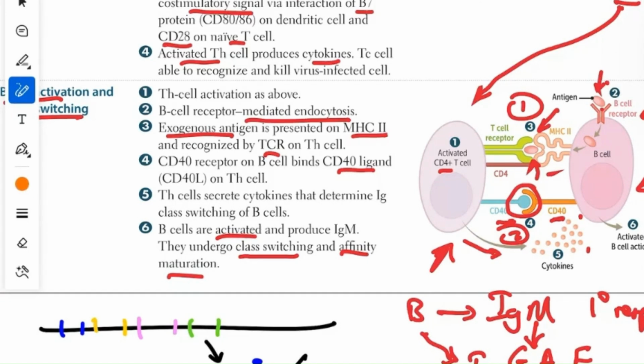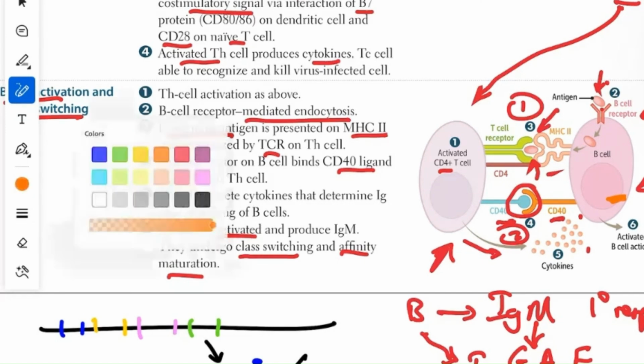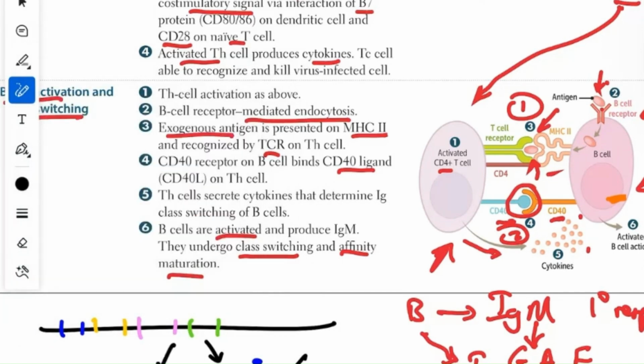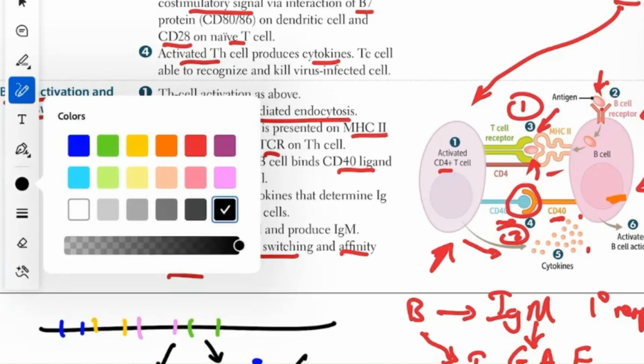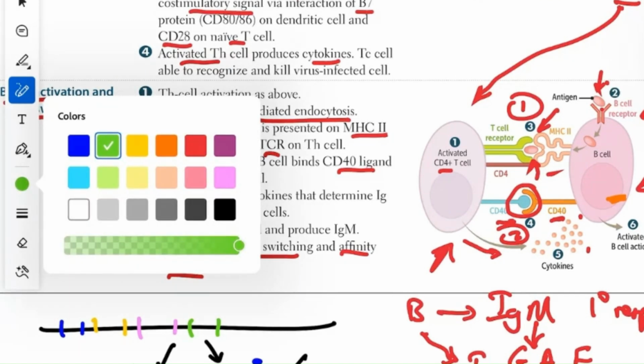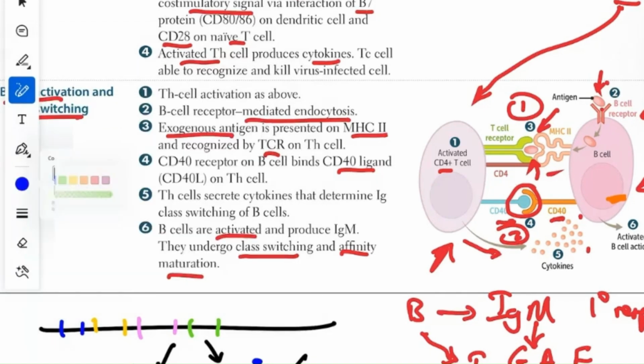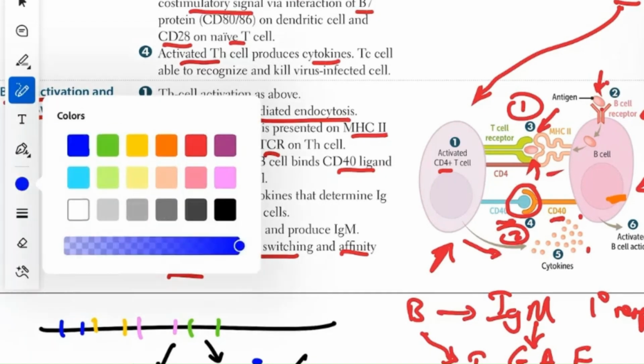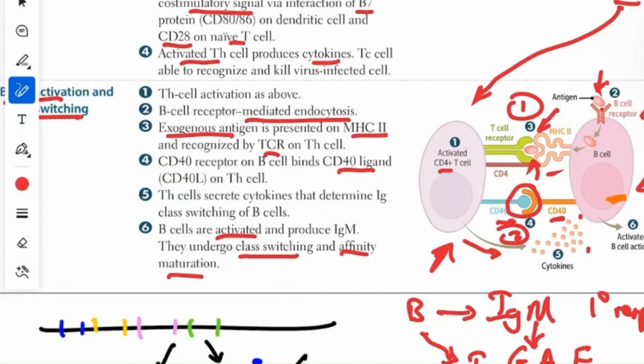Now, after this activation happens with the interaction between B and T cell, it will produce an antibody that has rearranged its gene segments. It will rearrange the gene segments to look different, something like that.